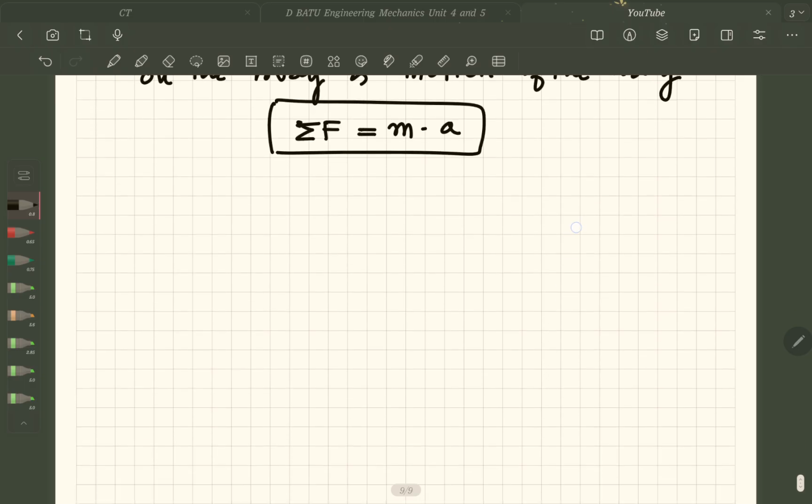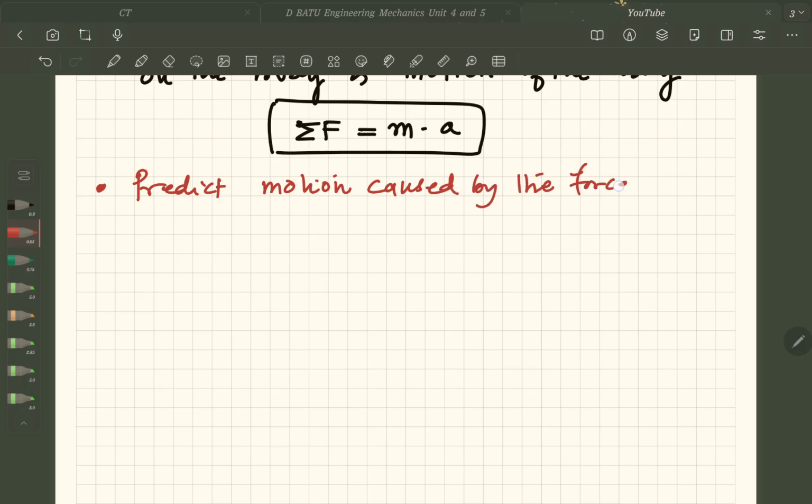So kinetics is generally used, which is very, very important, to predict the motion caused by the forces, or the forces causing the motion.